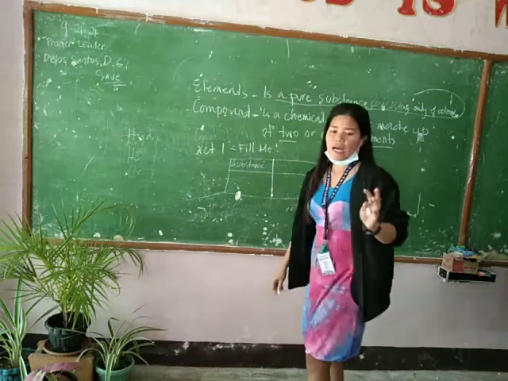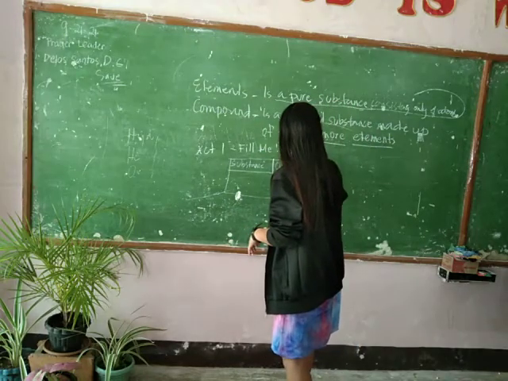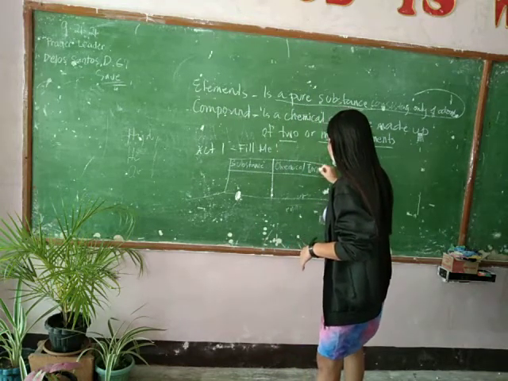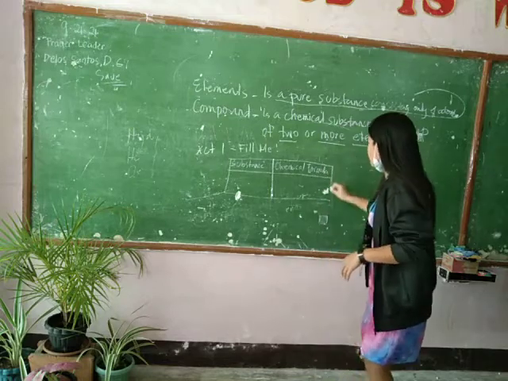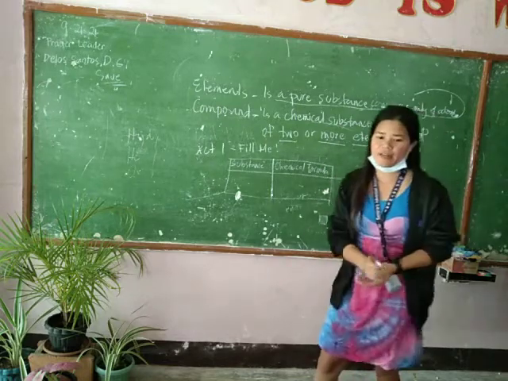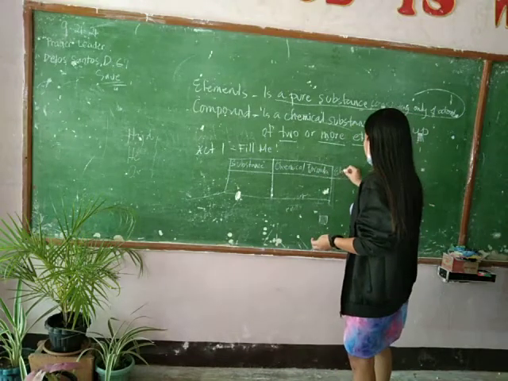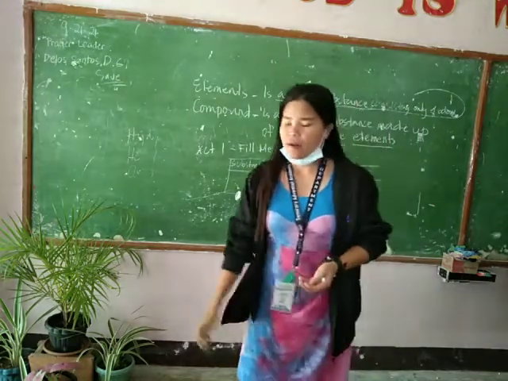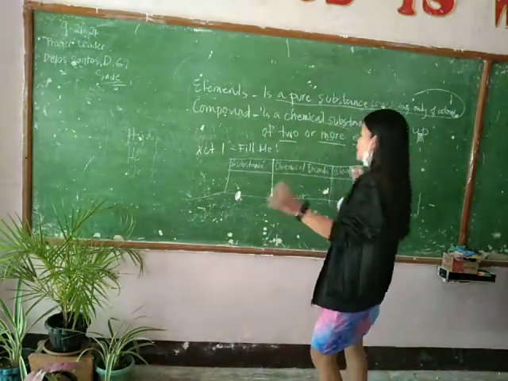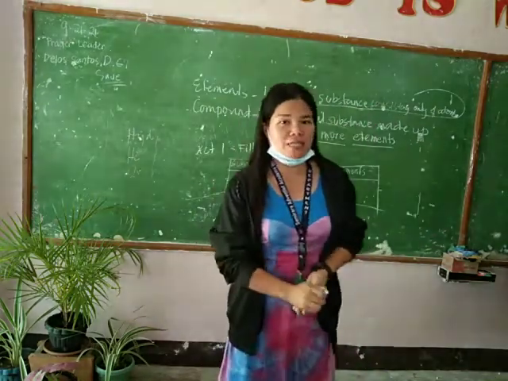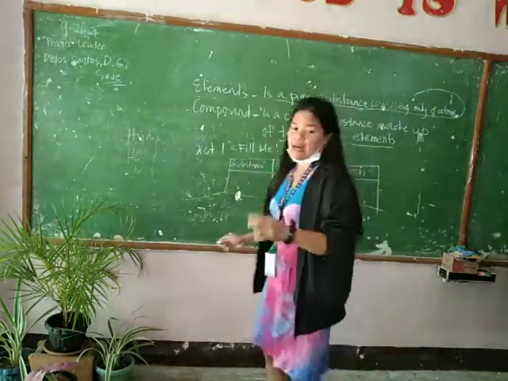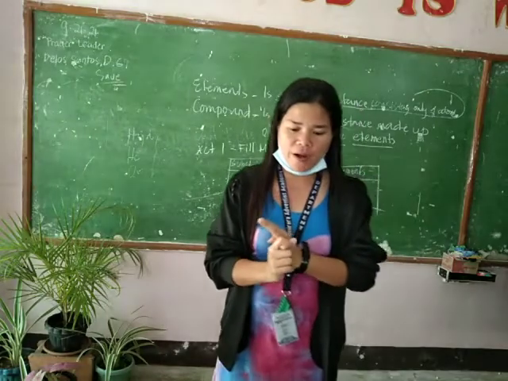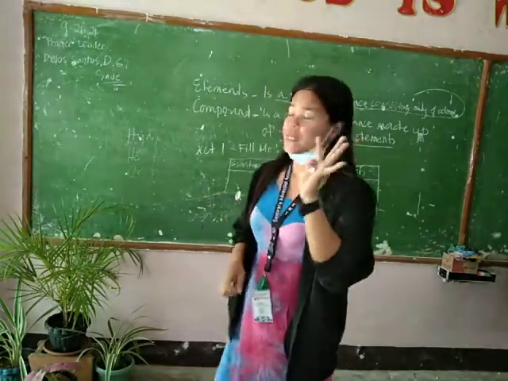The second ay tinatawag na chemical formula. And the third ay tinatawag na elements. Now, sa ating activity dyan, meron akong example sa itaas. Meron akong nilagay dyan na 4 na substance. First, the salt. Second, the table sugar. The third, water. And the fourth is carbon dioxide.